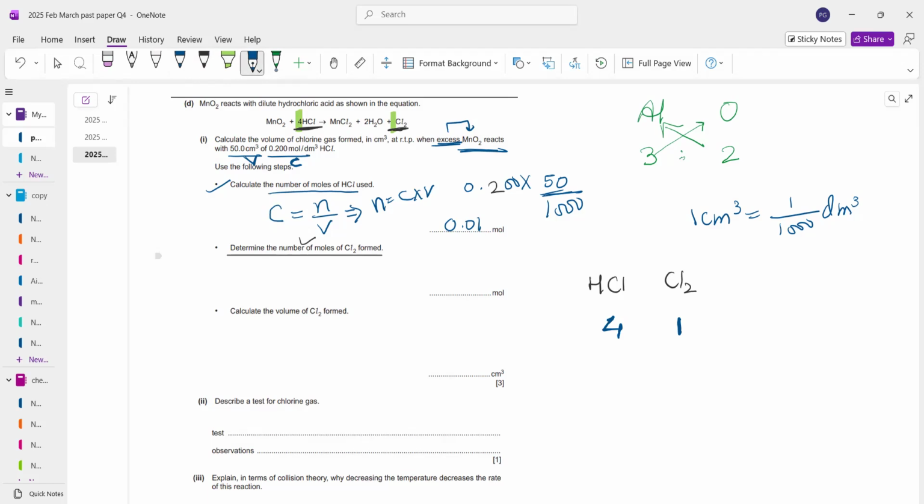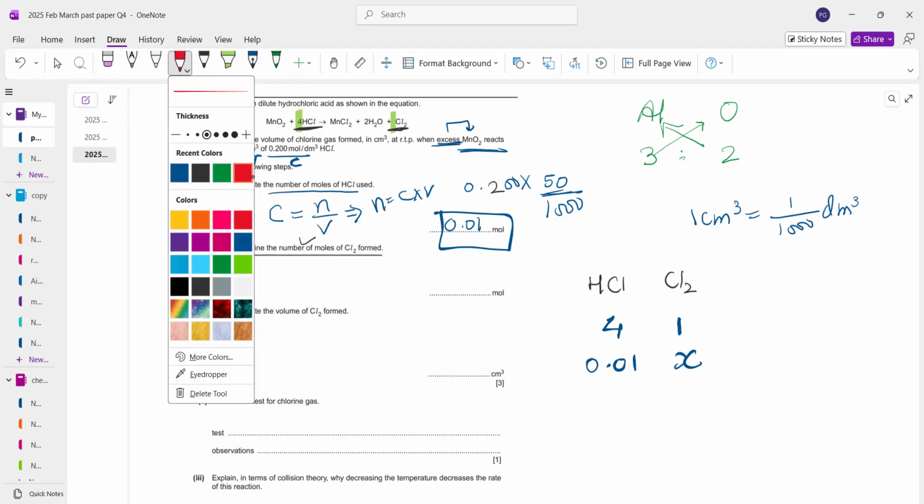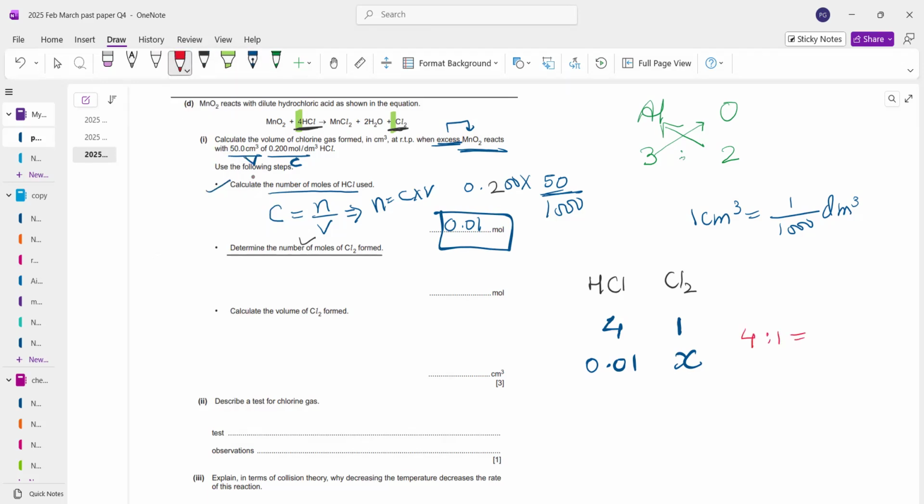So I'm going to figure out that if I have 0.01 moles of HCl with me, how many moles of Cl2 will be produced. In that case, it's super simple. We just need to put these ratios equal. 4 ratio 1 is equal to 0.01 ratio x. So 4 upon 1 is 0.01 upon x.